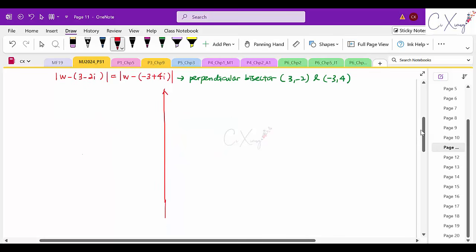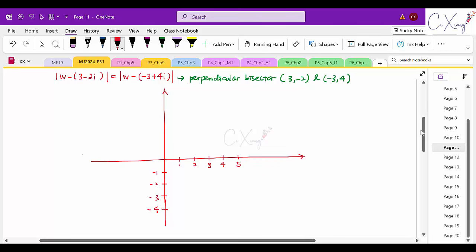Make it slightly bigger. For the x-axis, positive, I need maybe 5 units. Then for the y-axis, I need around 4, so that I can fit in my circle.